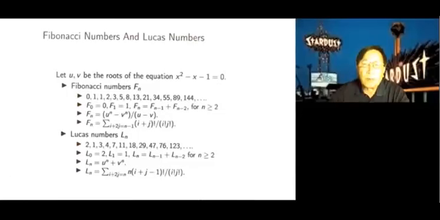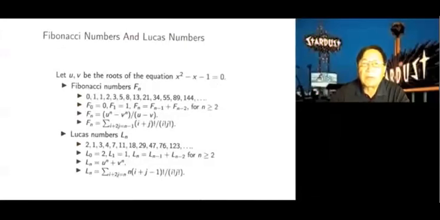Then x squared minus x minus 1 equals 0 is the characteristic equation. Let u and v be the roots of this equation. We can have binary formulas for Fibonacci numbers and Lucas numbers.